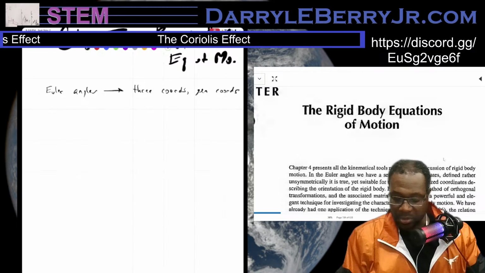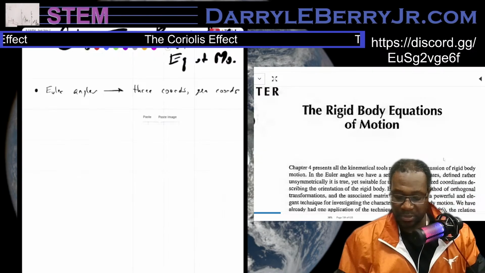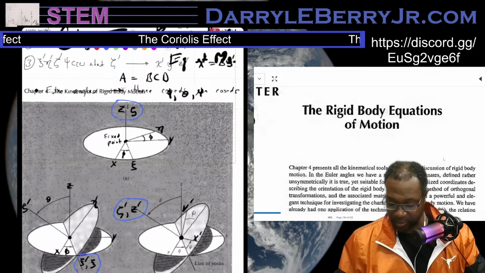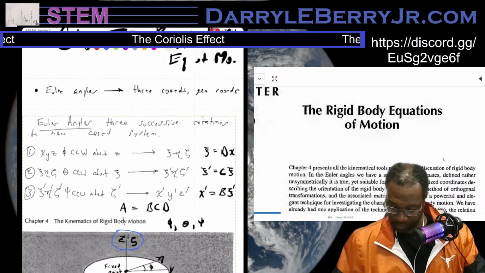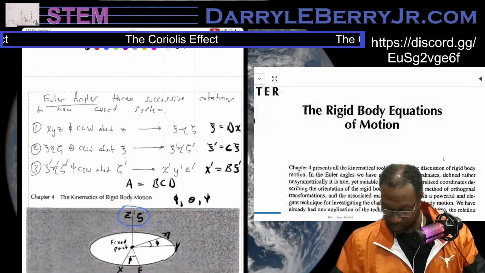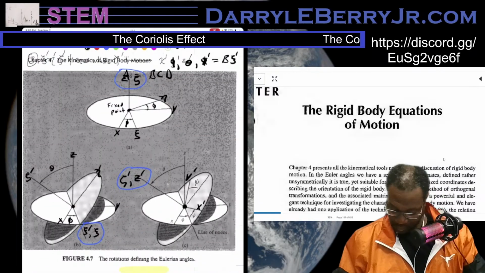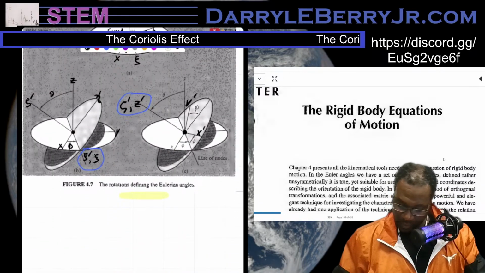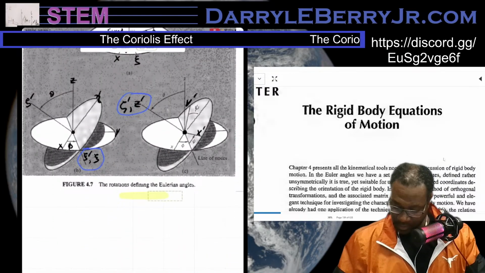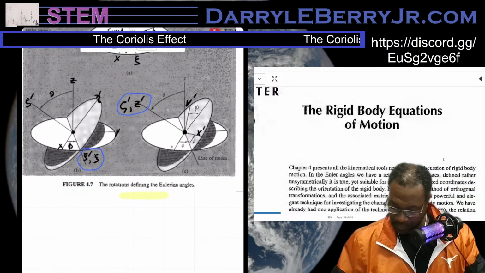If you recall, the generalized coordinates are the coordinates we use in the Lagrange equation to get the equations of motion. These are defining the Eulerian angles.